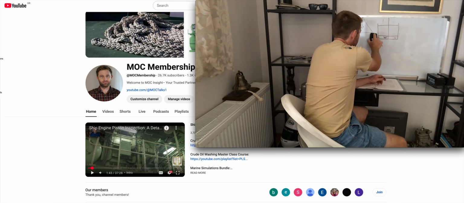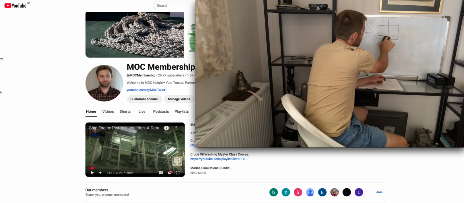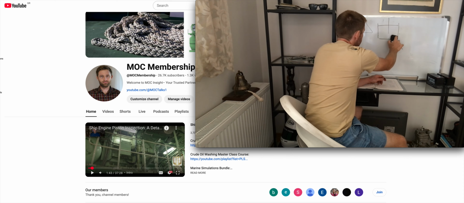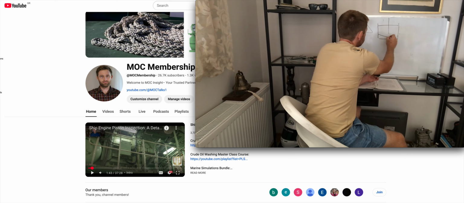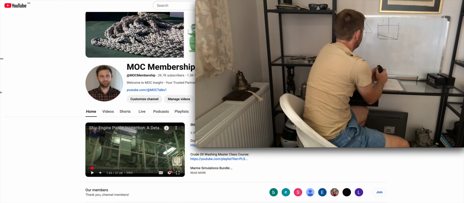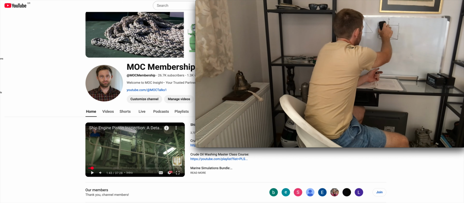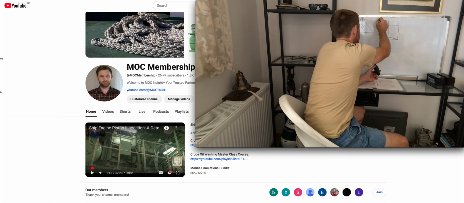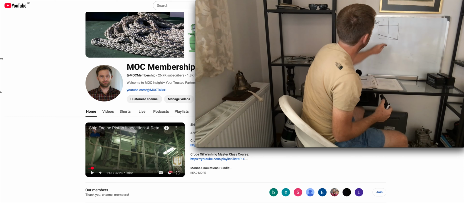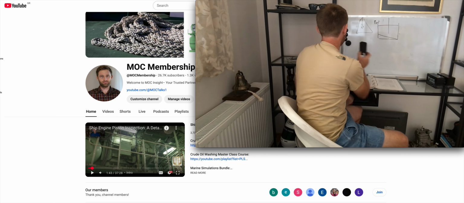So what is happening if we have a list? Now we have list 0, in this case, you can see it's a straight line. If we have a list like this, that means the vessel has a list to the port side, okay? If we make it like this, yes, correct, all the water will be accumulated there.